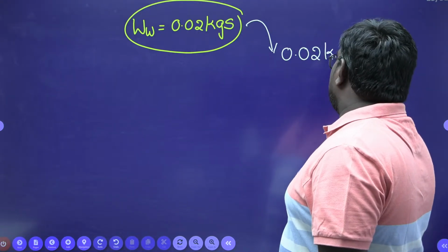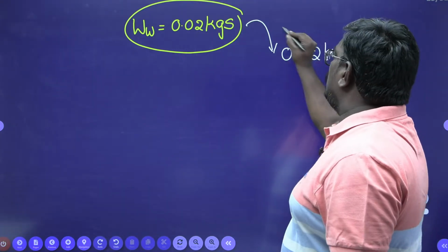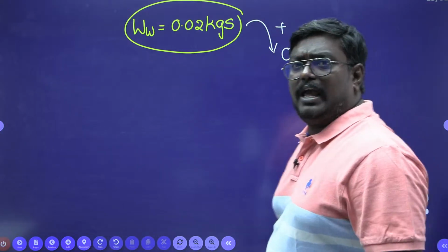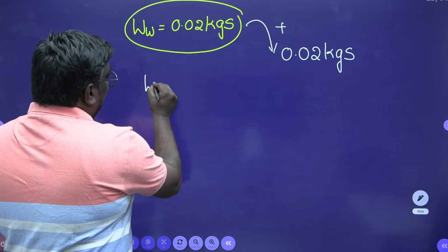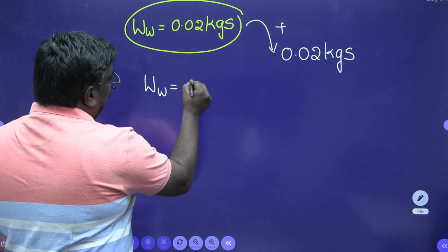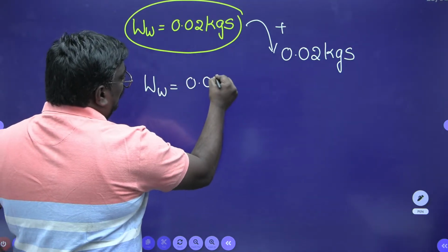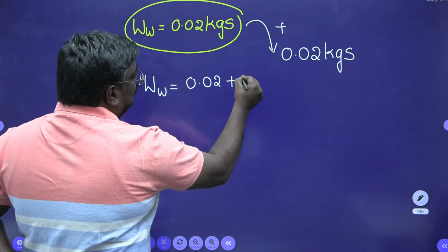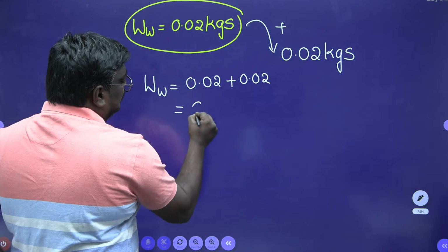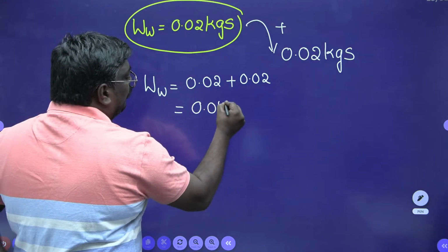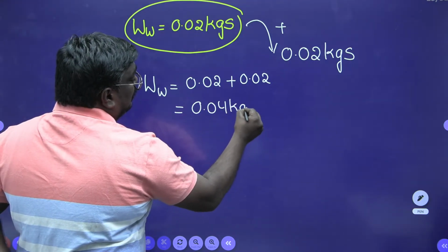They have added another 0.02 kgs of water to this. So in this case, the total weight of water will be equal to 0.02 plus 0.02 kgs of water. So the total weight of water is 0.04 kgs of water.